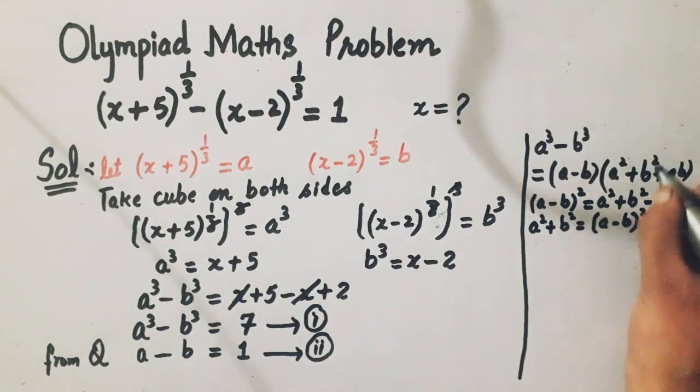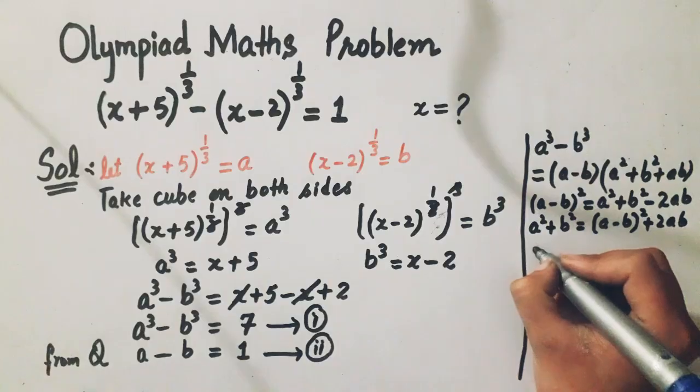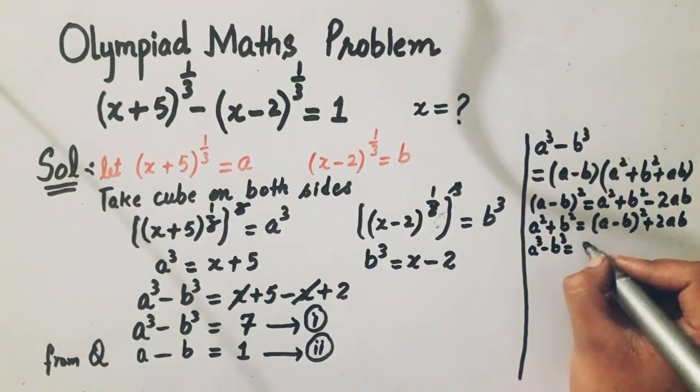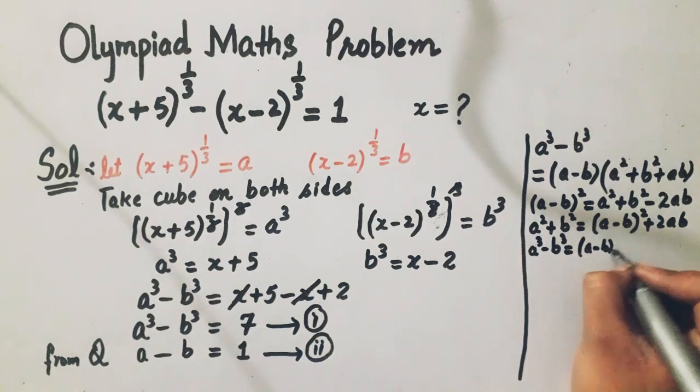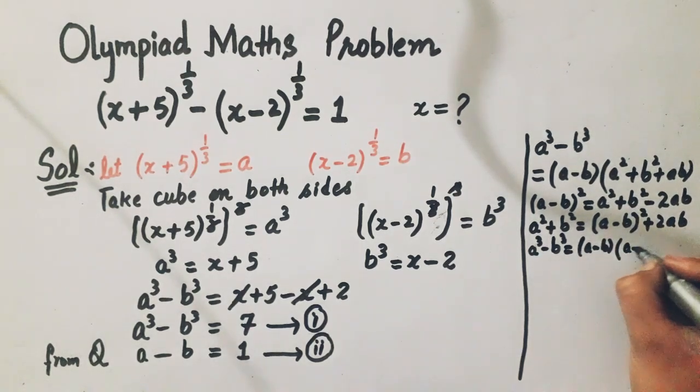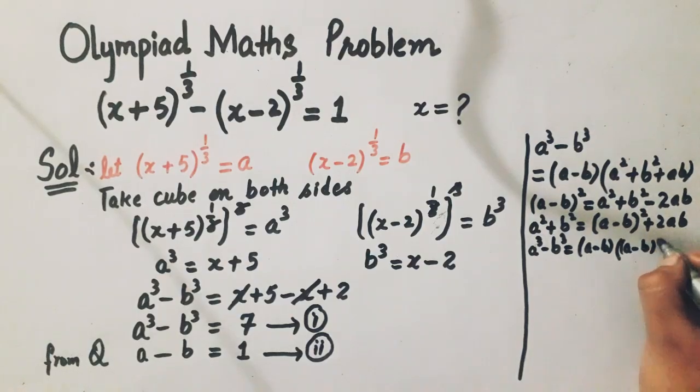Now we will substitute this value inside this. So we write a cube minus b cube equals a minus b, and in place of a square plus b square we will write a minus b whole square plus 2ab, and then plus ab.